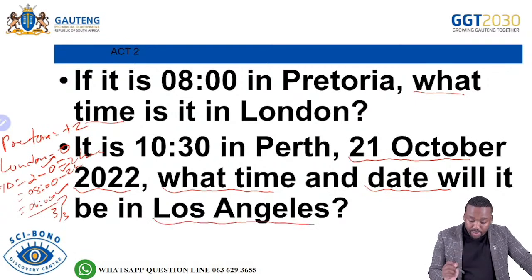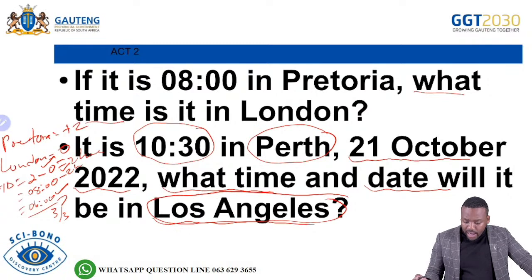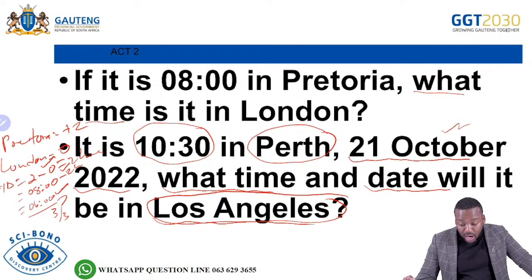Step 1, identify your countries. The time is 10 hours 30. What are my countries? Perth and Los Angeles. I'm giving the date. So what does the question say? It wants you to calculate the time and date in Los Angeles.